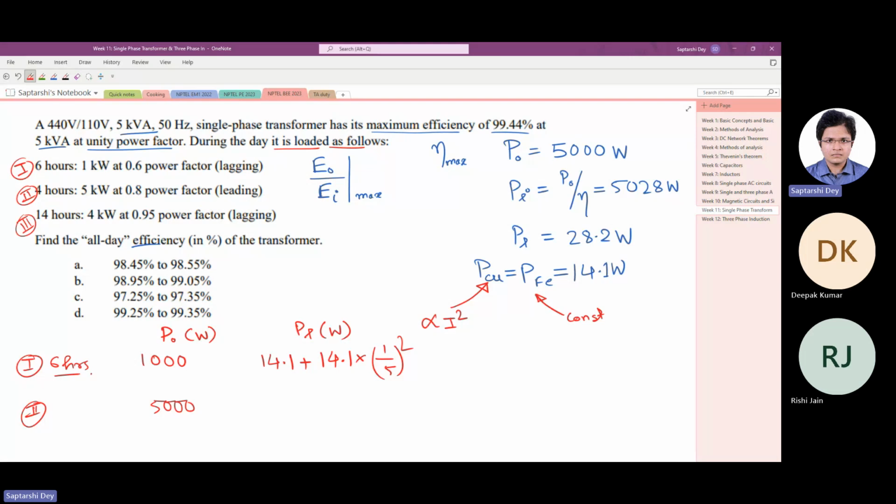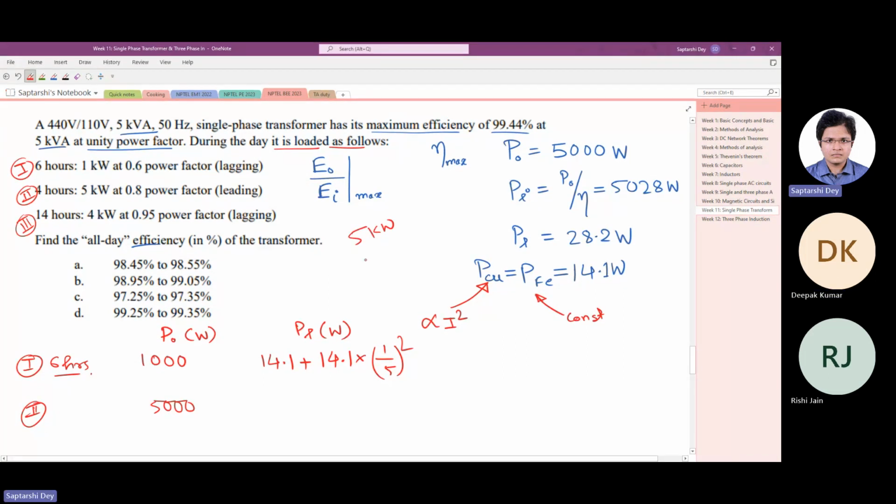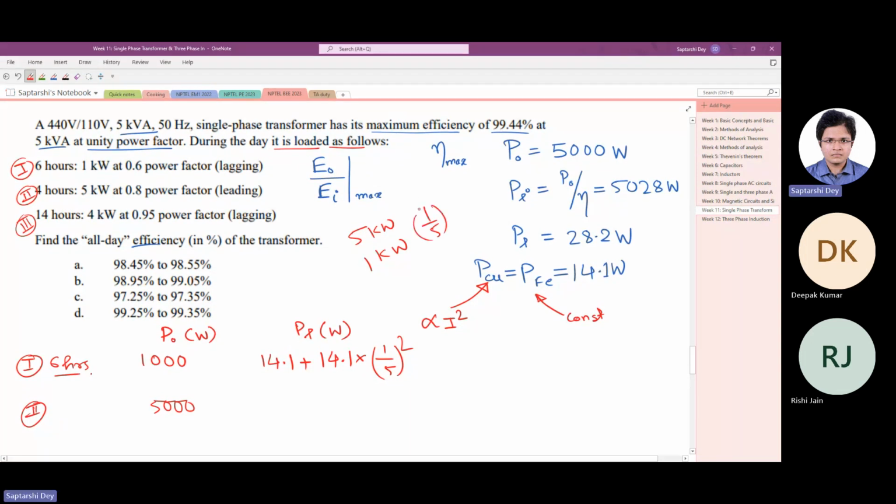Because 14.1 watt was the copper loss when the load was 5 kilowatt. Now the load is 1 kilowatt, so the current is 1/5. If the current is 1/5, then the loss will be 1/5 squared. Yes, sir. Okay.